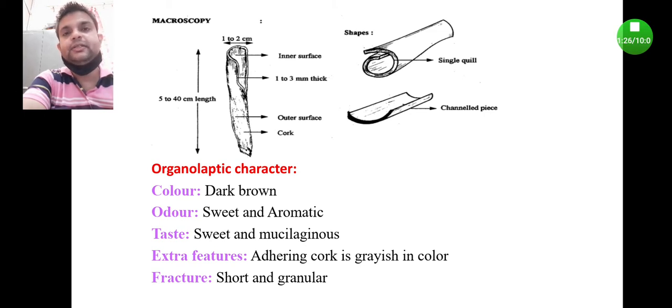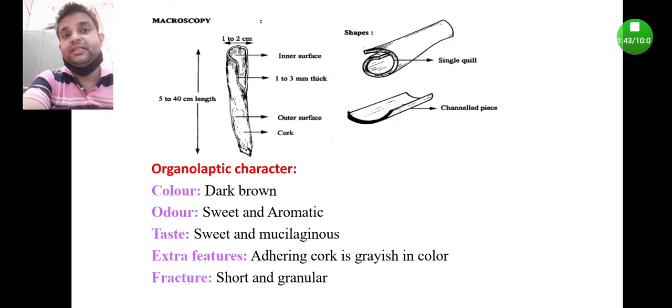Coming to the length, obviously length depends on the method of collection, but in general Cassia bark is 5 to 40 centimeter in length, whereas 1 to 2 centimeter in diameter. The inner surface is a little bit reddish in color.